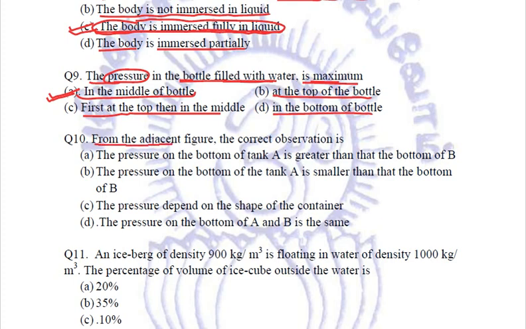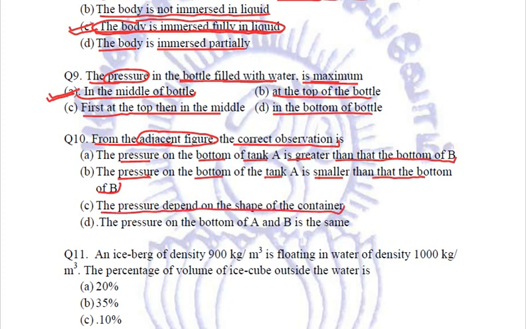From the adjacent figure, the correct observation is. Now the adjacent figure is missing, I suppose. Let us see the options if we can make out of it. The pressure on the bottom of tank A is greater than that of the bottom of B, or the pressure on the bottom of tank A is smaller than that of the bottom of B. The pressure depends on the shape of the container, or the pressure on the bottom of A and B is the same.